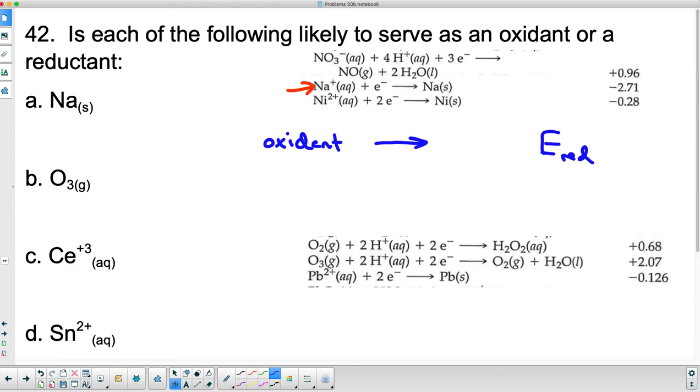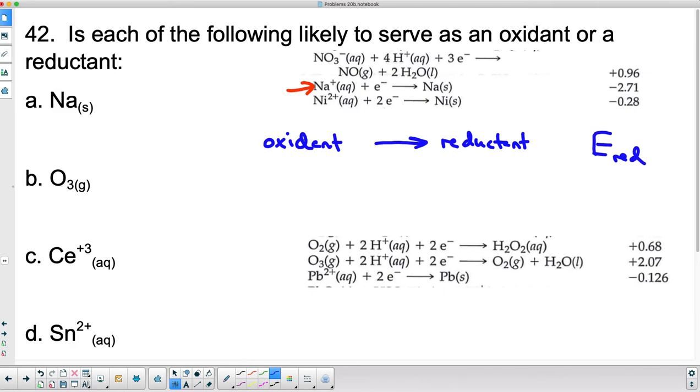That's an oxidant if it's on the left-hand side of the reduction. If it's a reduction but it's on the right-hand side, then what I have is a reductant. Now, this is the part that gets a little strange.